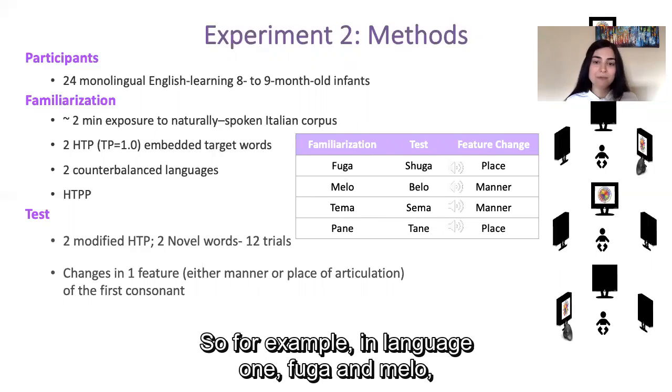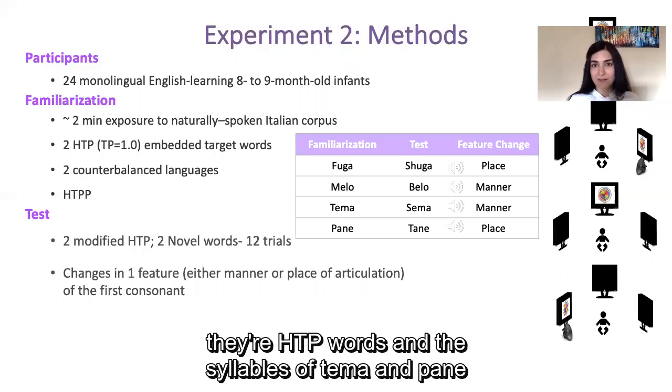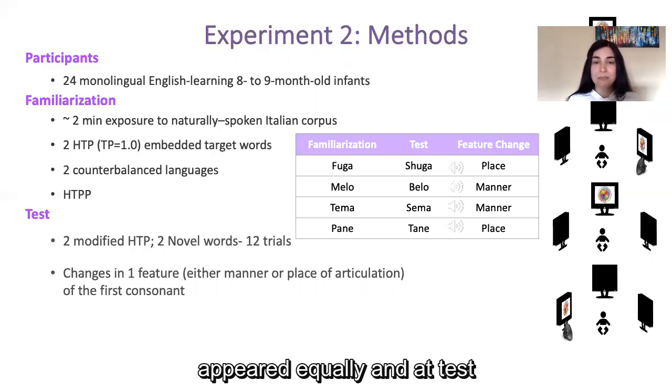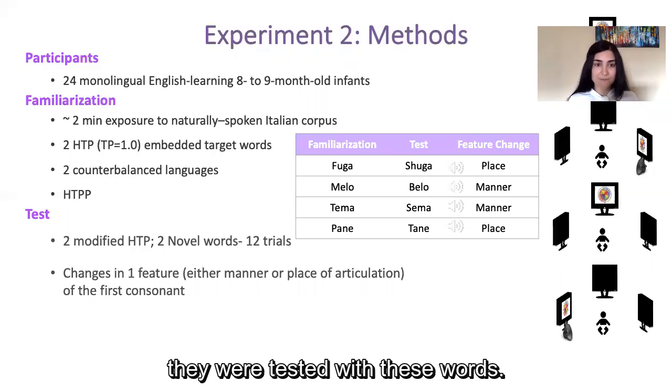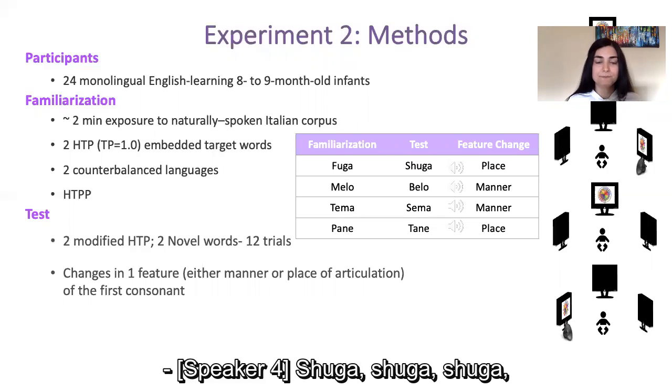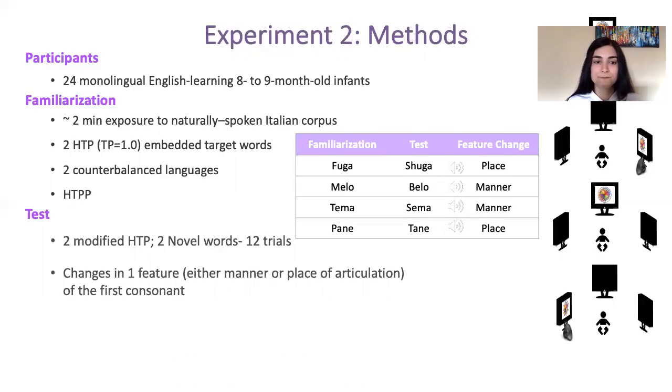So for example, in language 1, fuga and mellow were HTP words, and the syllables of tema and pane appeared equally, and at test, they were tested with these words. Sciuga. Pelo. Sema.